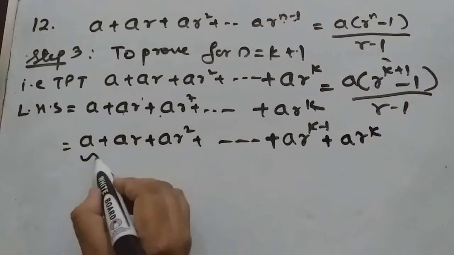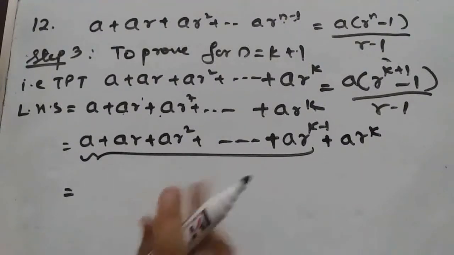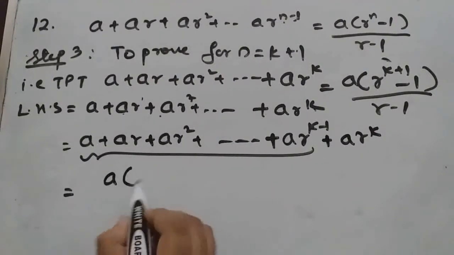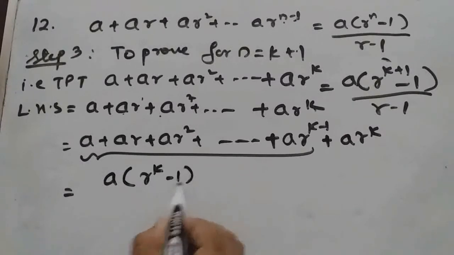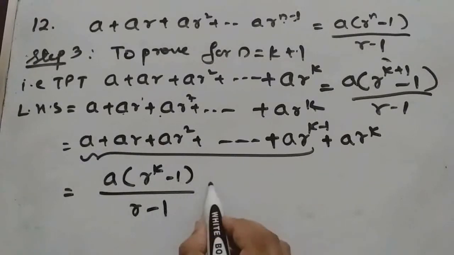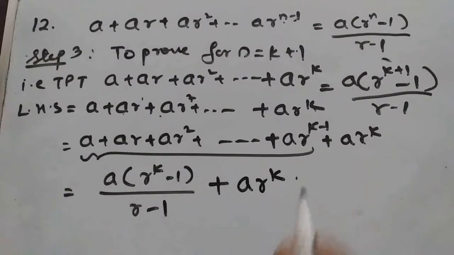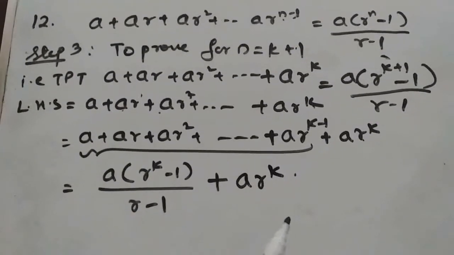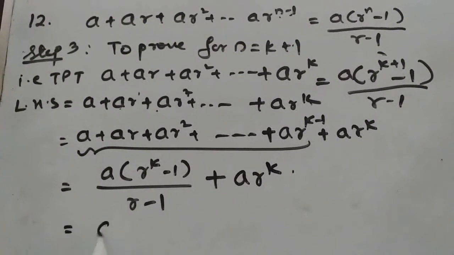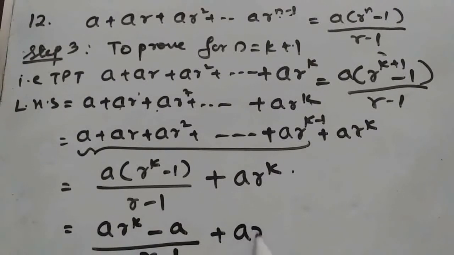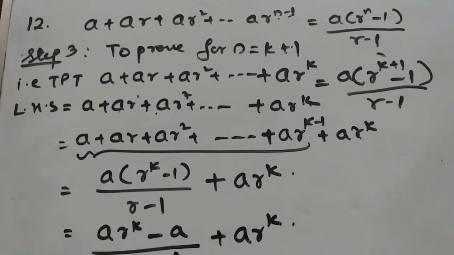So from equation 1 we can write a r power k minus 1 divided by r minus 1 plus this last term. Now what we will do here, we will open this bracket. So a r power k minus a by r minus 1 plus a r power k.